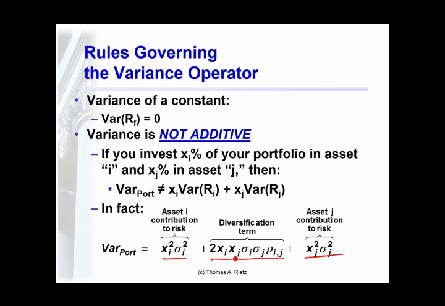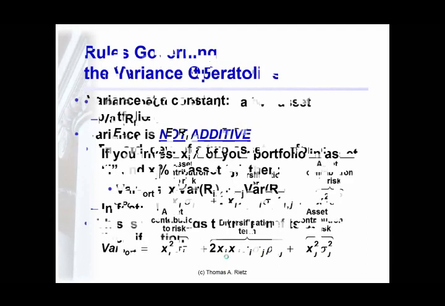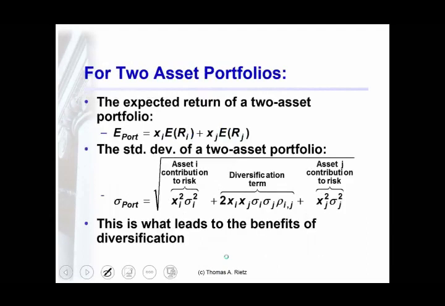Now, for every combination of two investments, there are two of these diversification terms representing one stock going up while the other is going down, canceling each other out, and the opposite direction, the first stock going down and the second one going up. To get the standard deviation, you would take the square root of that whole thing, and then you would be back in return space instead of return space squared.